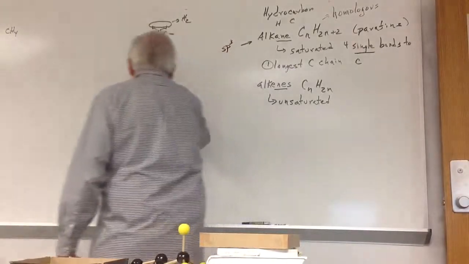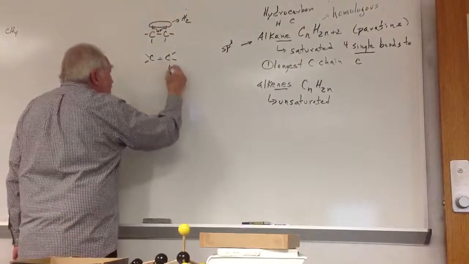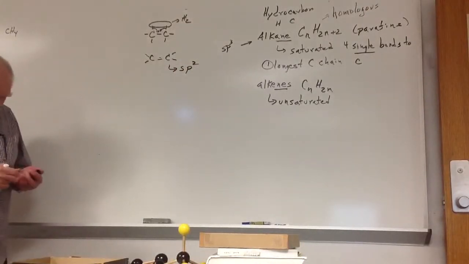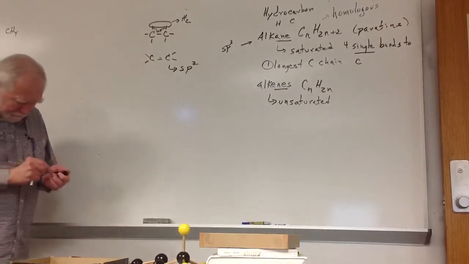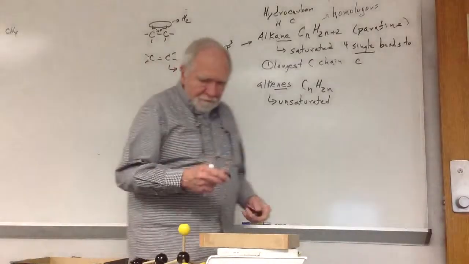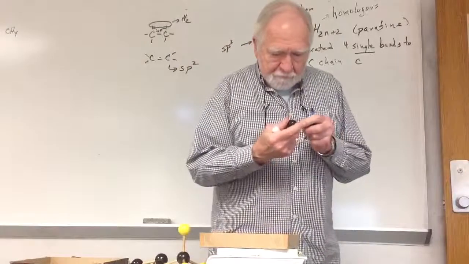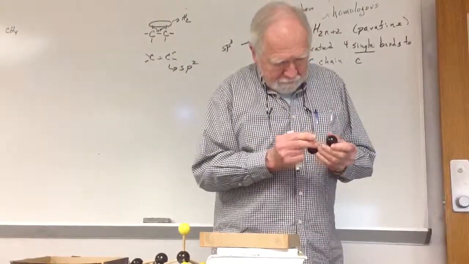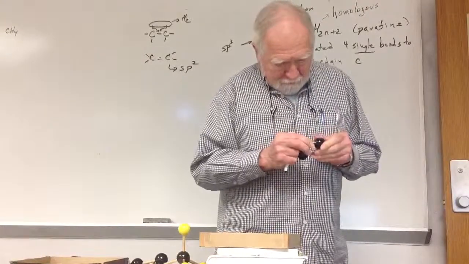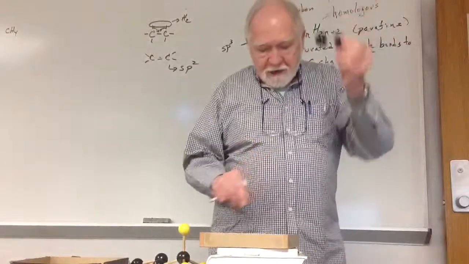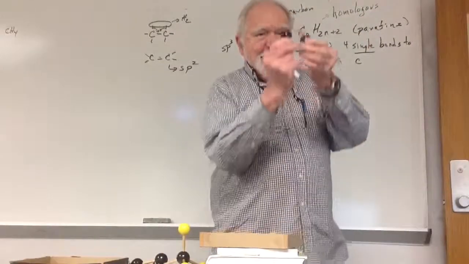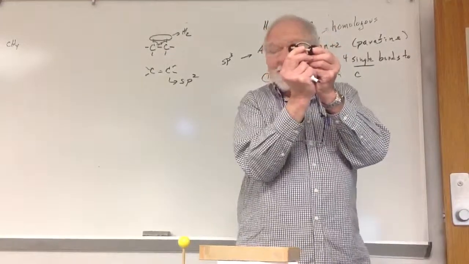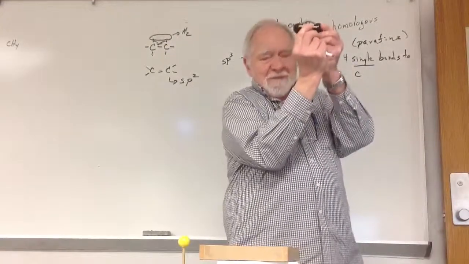When we start doing this, this is an sp2 hybrid. Now there's my double bond, and I'll do my fancy picture over in the other room, I guess, but I'll put something like that.